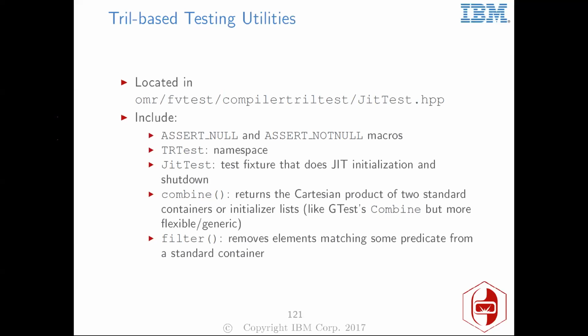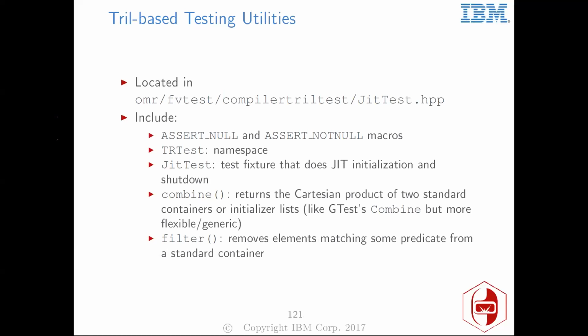This header includes some useful features like macros for asserting that a pointer is either null or not null, which turns out to be a very common thing we have to do. There is the trtest namespace that includes almost all of the features we are going to want to use, including the GTest test fixture that is going to take care of initializing and shutting down the JIT for each test.